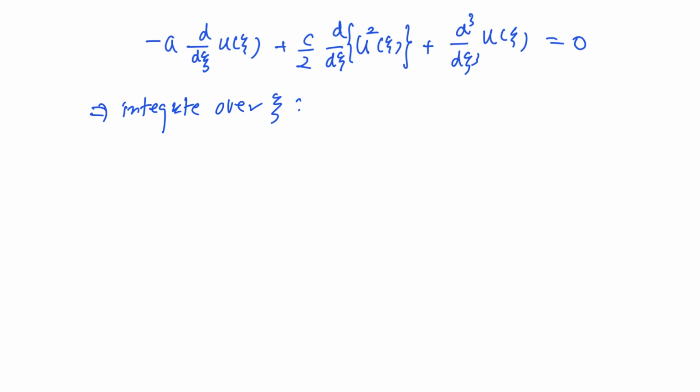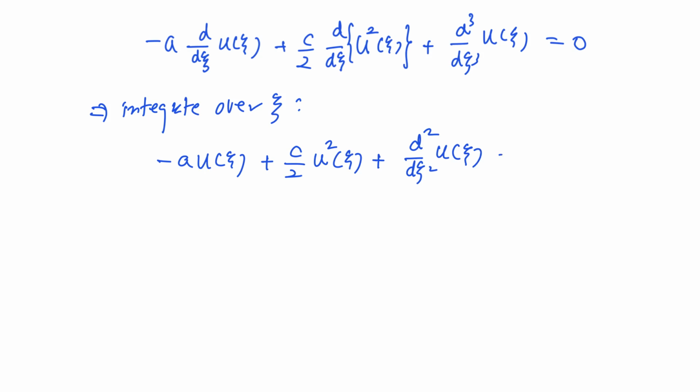Then we get minus a u psi plus c over 2 u square psi plus t psi square d square u psi equal to some constant, but let's put it 0.